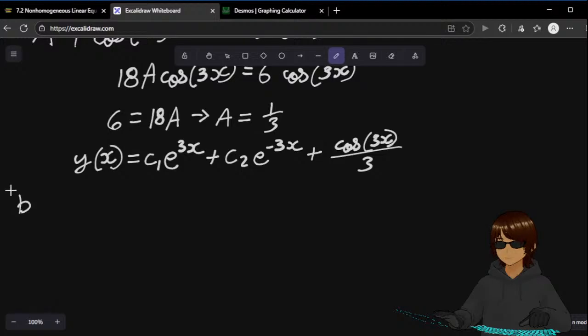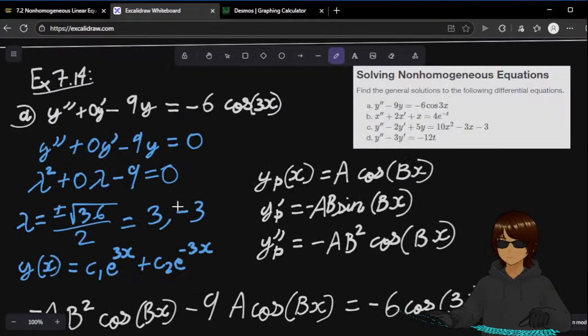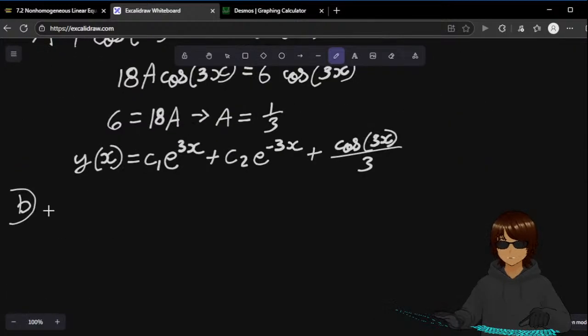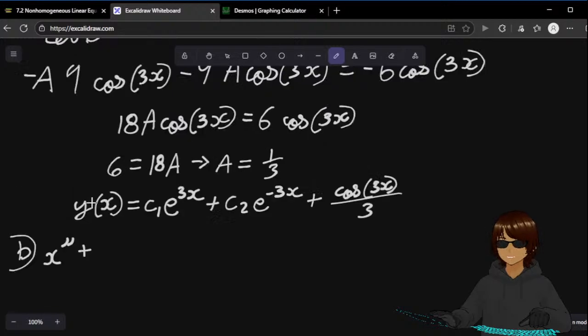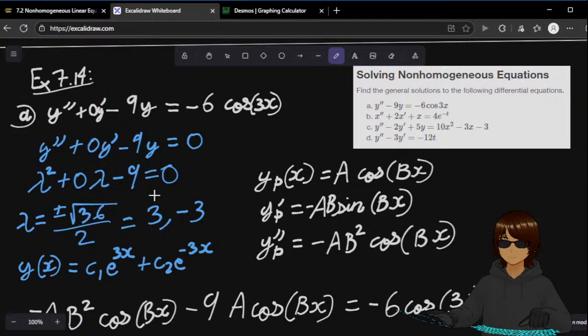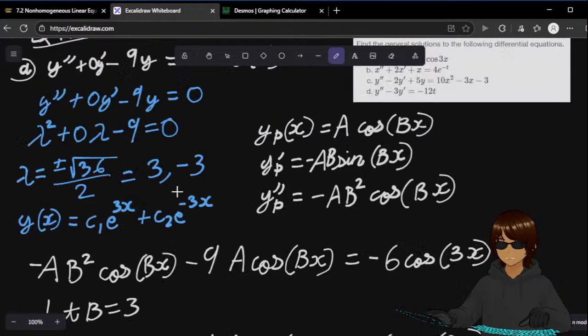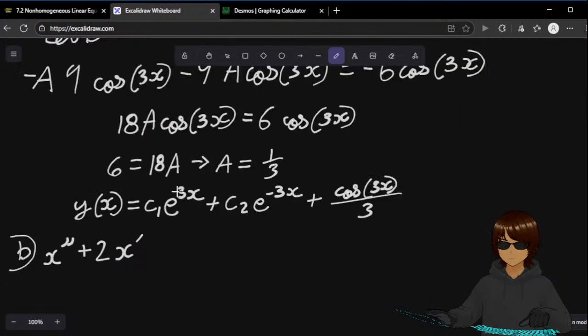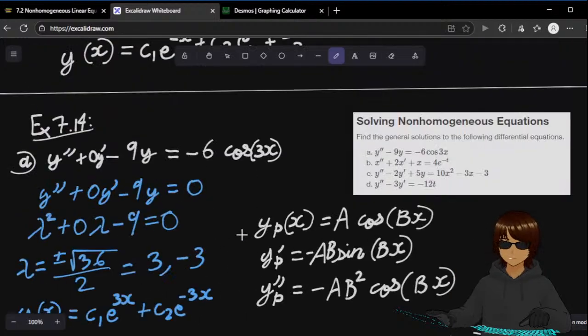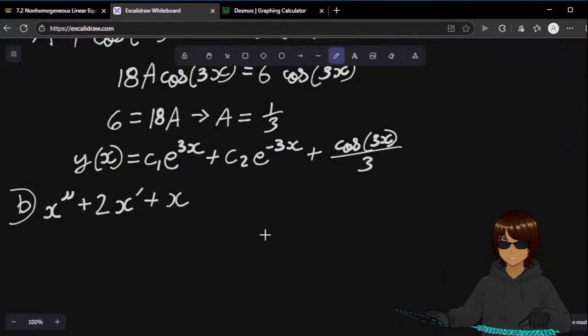Question B. Double derivative of x plus 2 derivative of x plus x equals 4 e to the power of minus t.